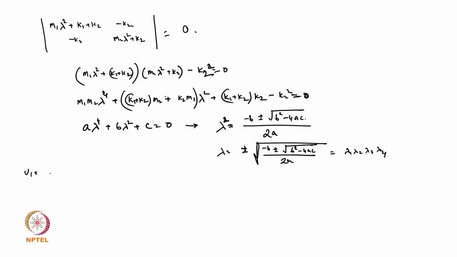Now we have to write it with different names because so many lambdas will be there. So maybe we can say u11 e to the power lambda 1 t, u12 e to the power lambda 2 t, u13 e to the power lambda 3 t, plus u14 e to the power lambda 4 t.